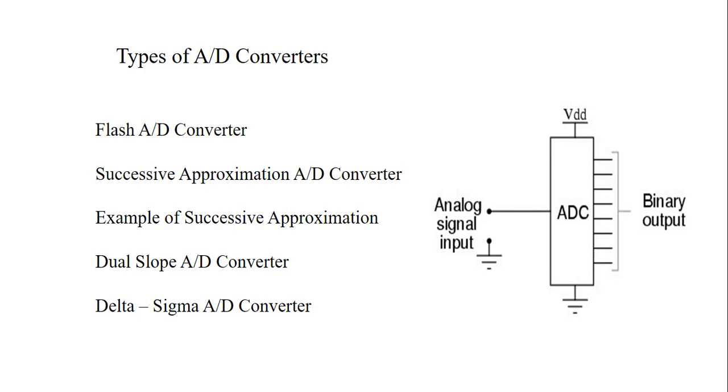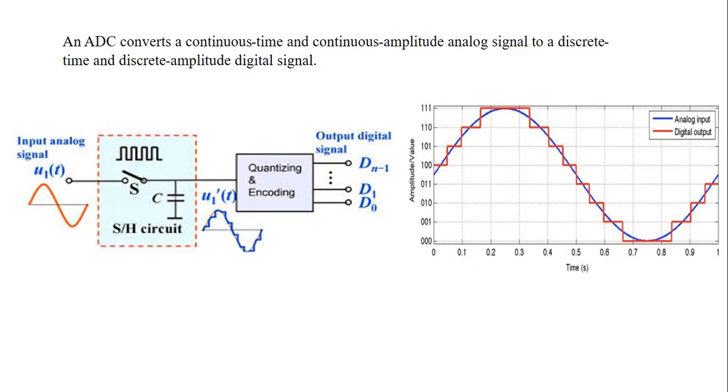We are not going deep into this topic. An ADC converts a continuous time and continuous amplitude analog signal to a discrete time and discrete amplitude digital signal.